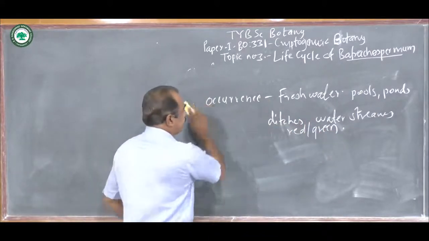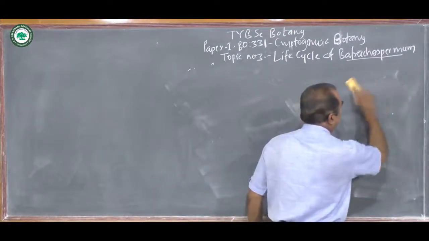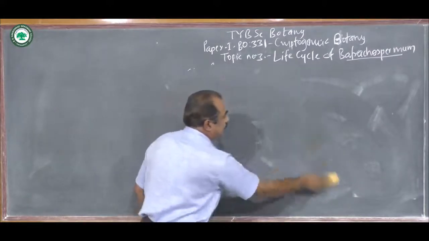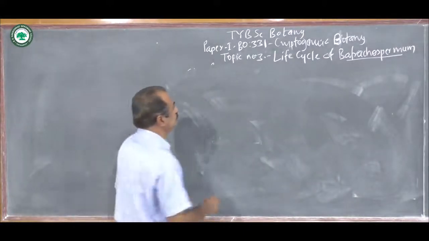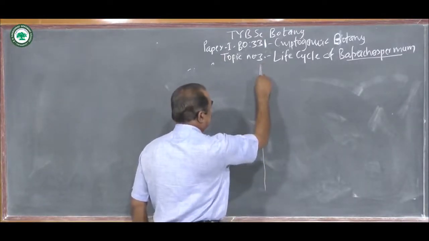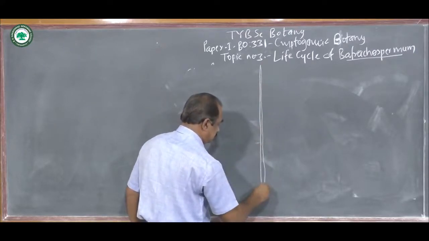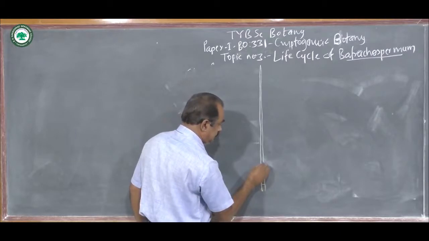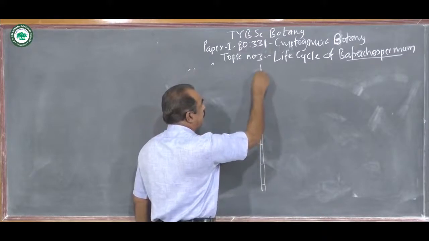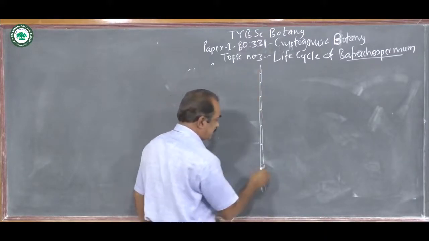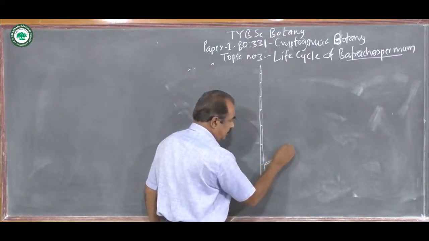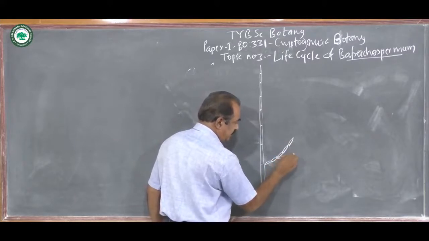Now thallus structure. Now this is the main axis, which is filamentous. These are the primary laterals. They are profusely branched.